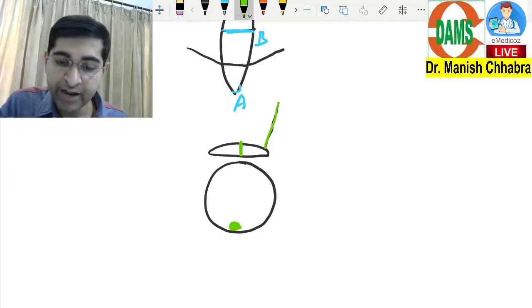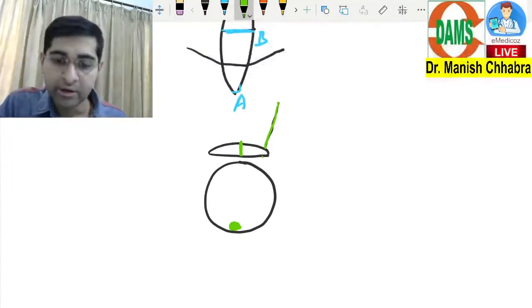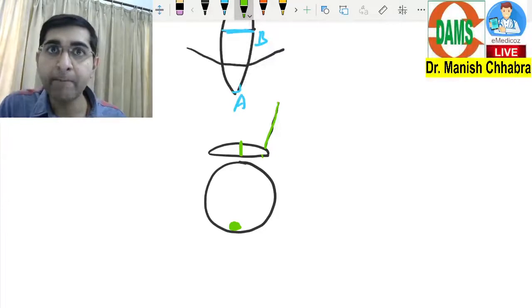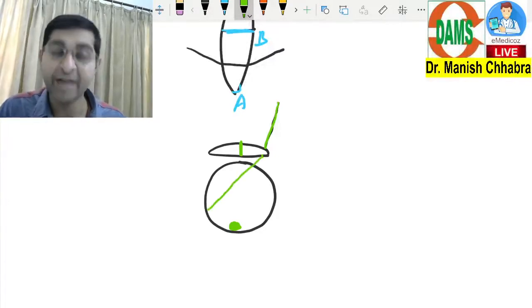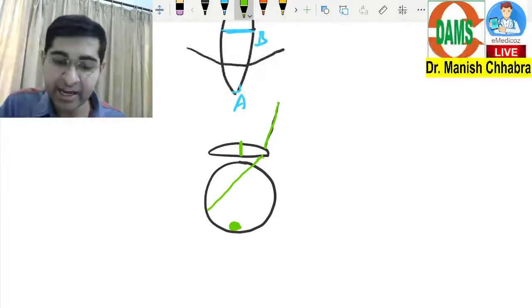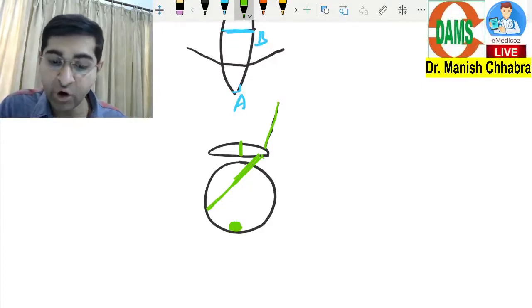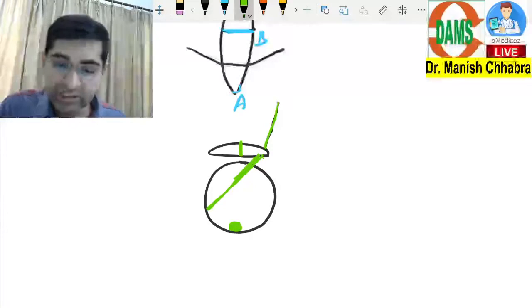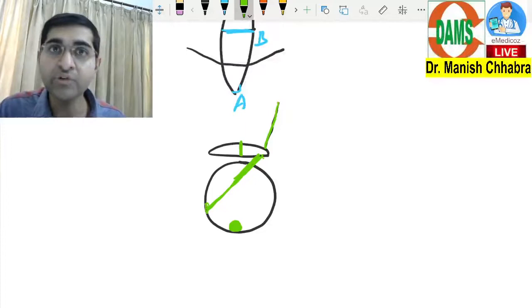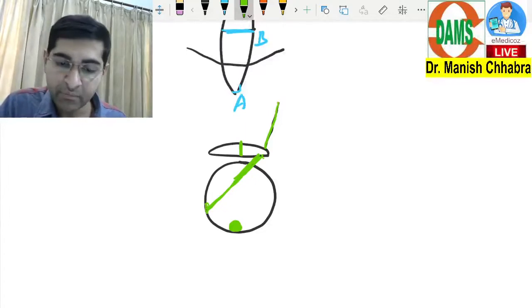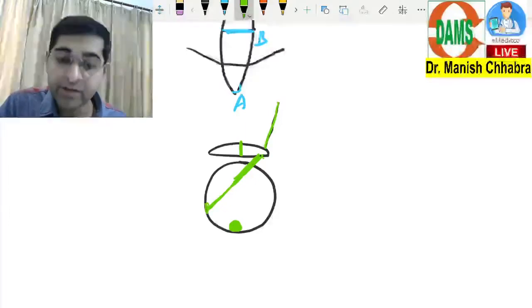It will tend to go towards the base of the prism, so it will go like this. Am I understandable? Since it has been diverted towards the base of the prism, it is going to strike at this part and not at the fovea. As a result, the patient will not be able to see. Similarly, a scotoma will be formed at this region.